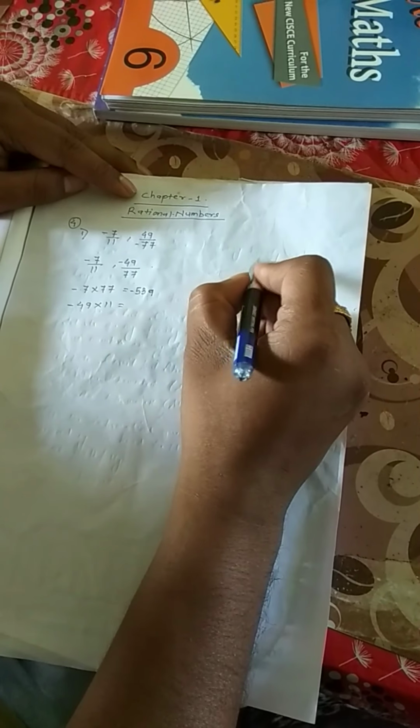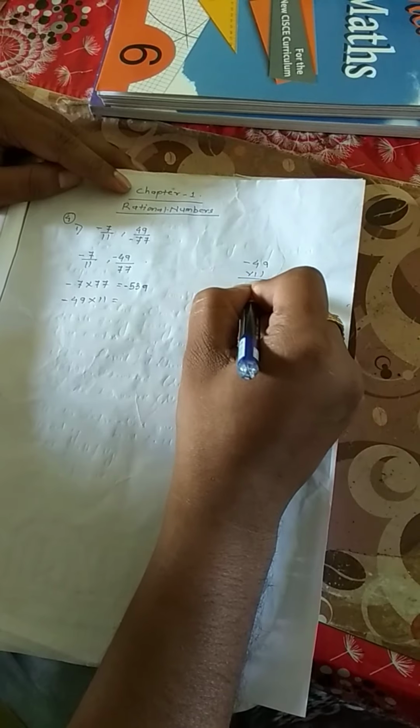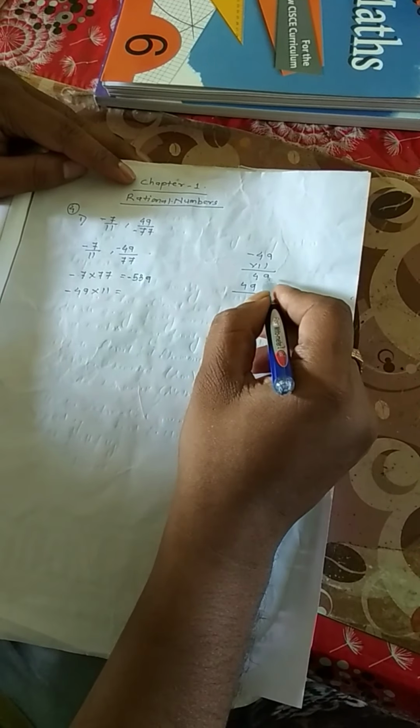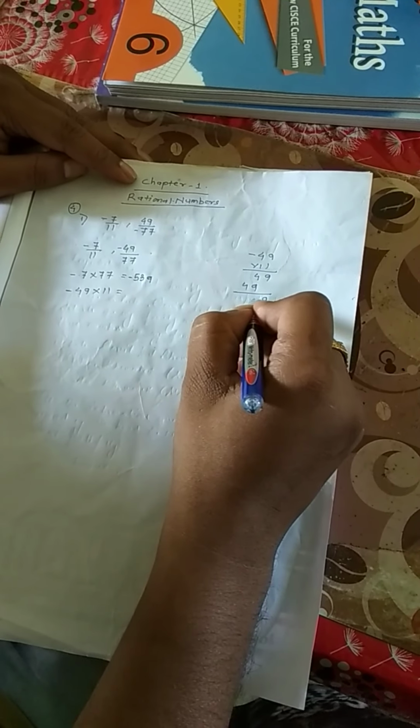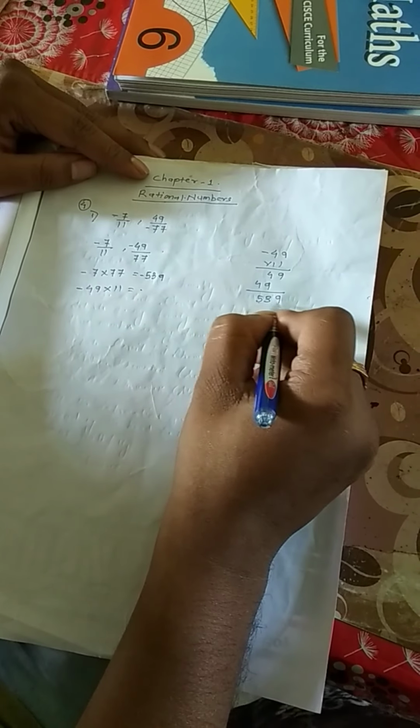Let's multiply it in rough: 1 9 is 9, 1 4 is 4, 1 9 is 9, 1 4 is 4. Adding, we get 539.